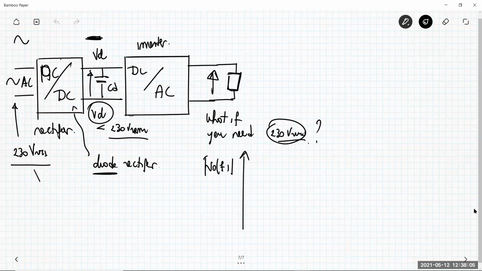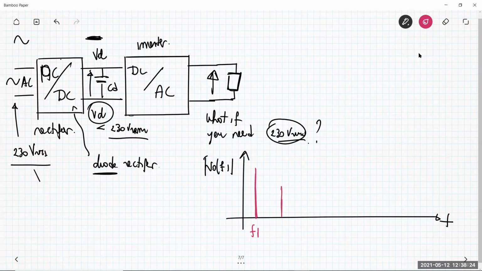So the output spectrum is something like this. You have F1, exactly the frequency you need at the output. Then you have all the harmonics, like 3F1, 5F1, 7F1.